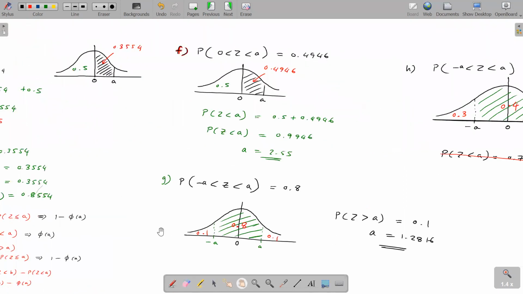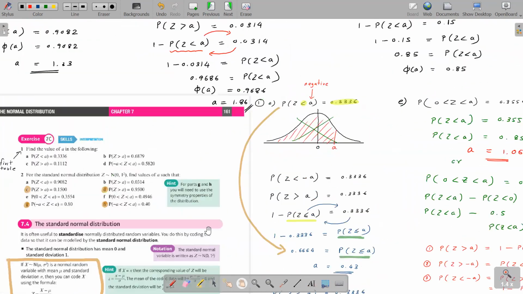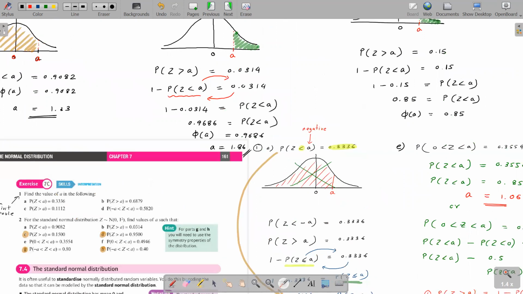I believe now you should be really good at this: when they give you the probability values, you need to be able to find the corresponding Z values, and you have two tables to do that. Depending on the probability values they give, you need to decide whether you are going with the first table, the Z less than A table, or the second table, which is the Z greater than A table.